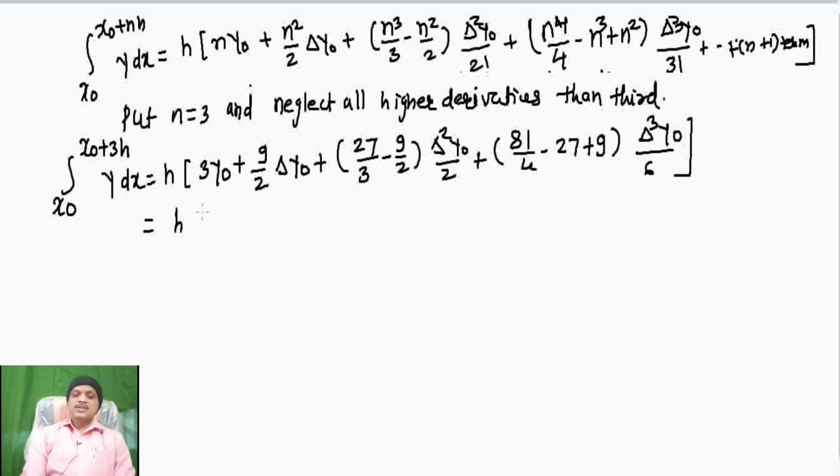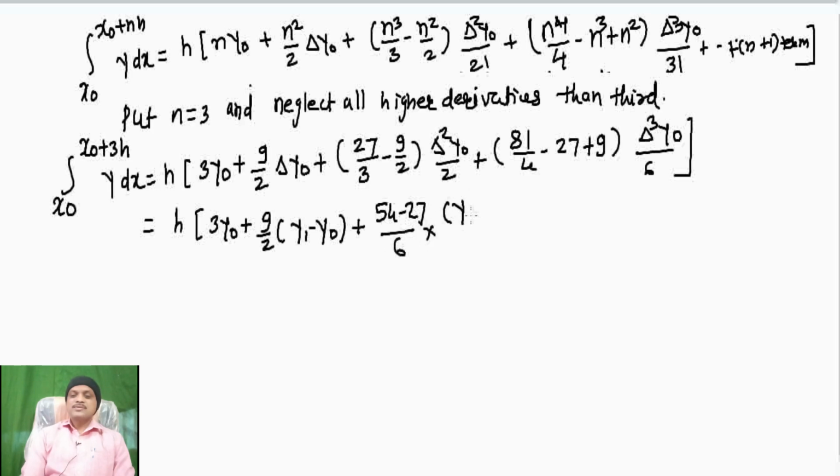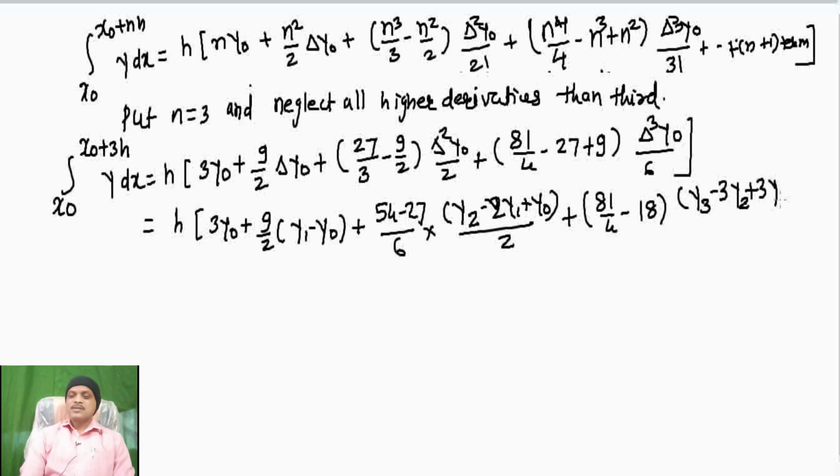Let us simplify this. h into 3y0 plus 9 divided by 2 delta y0, which means y1 minus y0, plus the LCM of these two, 27 into 2, that is 54, minus 3 into 9, that is 27, divided by 6 into delta square y0, which is y2 minus 2y1 plus y0, divided by 2, plus 81 divided by 4 minus 18 into delta cube, which is y3 minus 3y2 plus 3y1 minus y0, divided by 6.